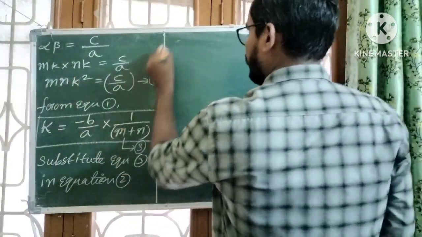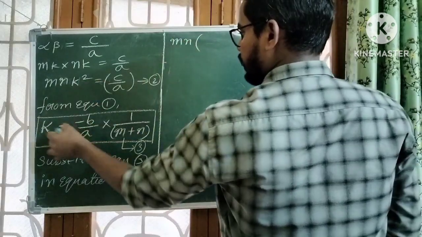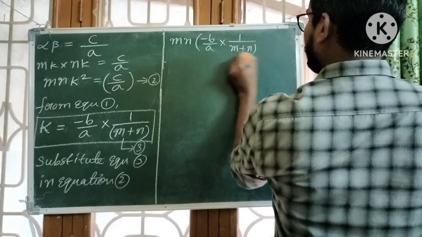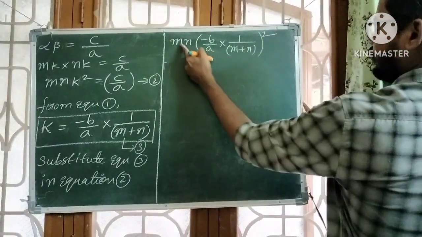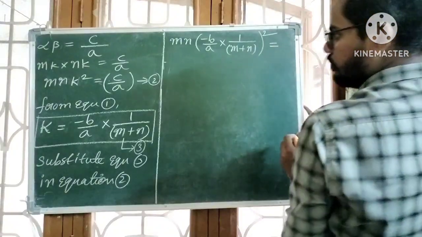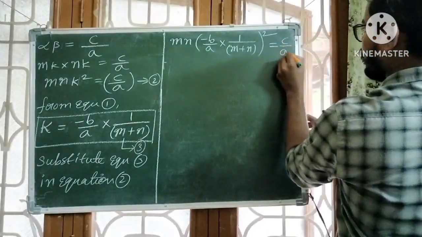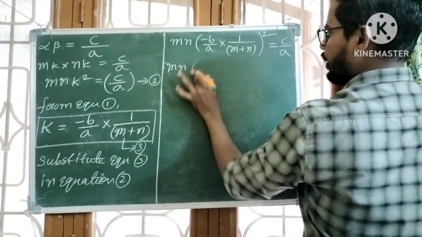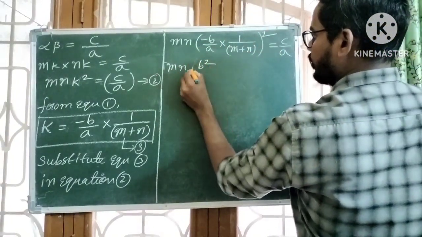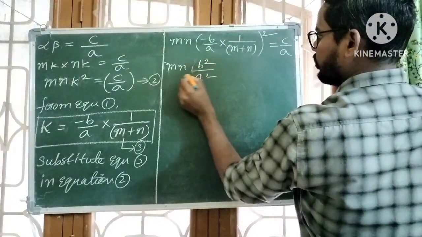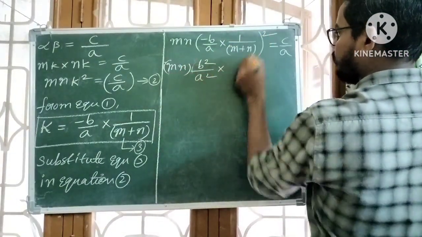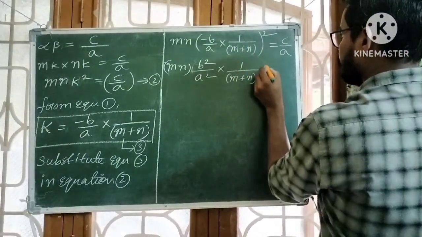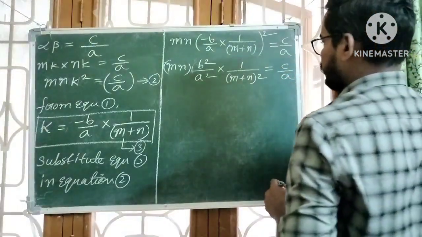So mn into k square is equal to c by a. Mn into minus b whole square, you will get plus b square by a square, into 1 by m plus n whole square, applying the square to all the terms, is equal to c by a.